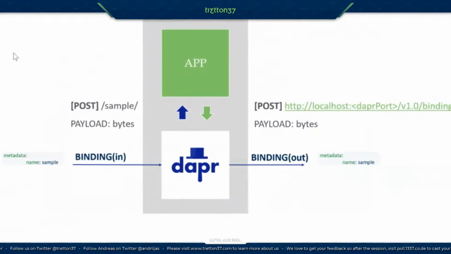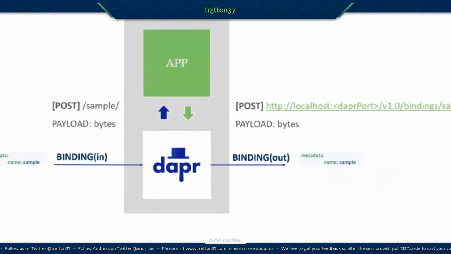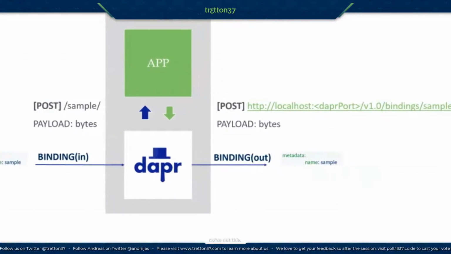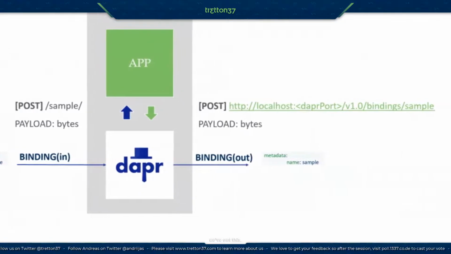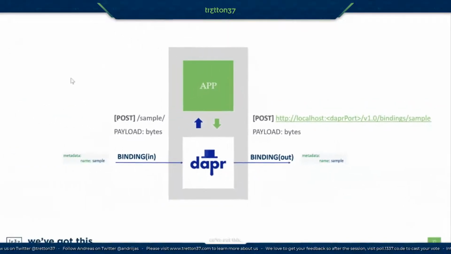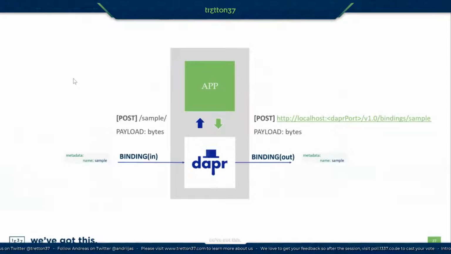So you see now a correlation between the name sample and an endpoint named sample that's going to be invoked. And for all bindings, the payload is bytes. So now you could configure anything that is a component in Dapr that supports an input binding, and it's going to invoke an HTTP or gRPC endpoint on your end. So now you could interchange this binding.